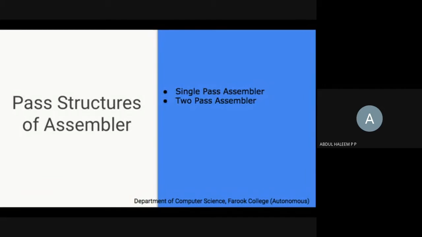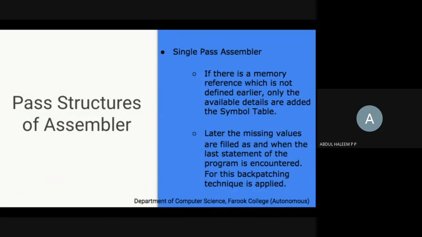For this purpose, assemblers are broadly classified into single pass assembler and two pass assembler. In a single pass assembler, the entire assembly process is done in a single go.